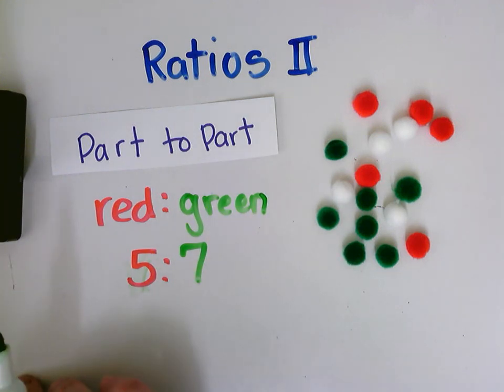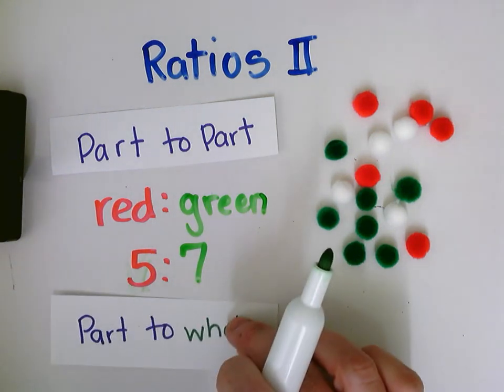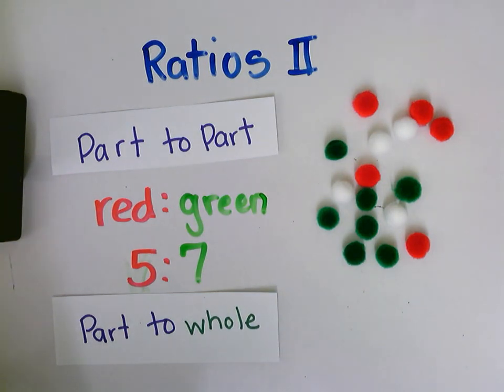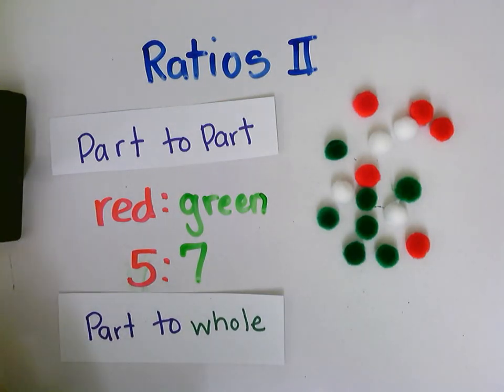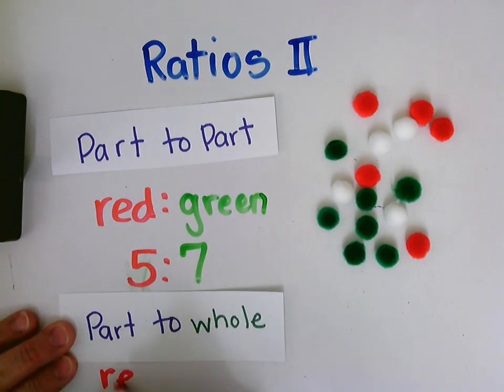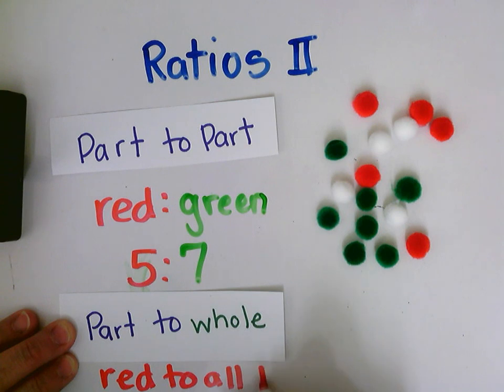What if I wanted to know part to whole? Well, that would be asking me to find a ratio here of, what is the ratio of red to all the pom-poms?